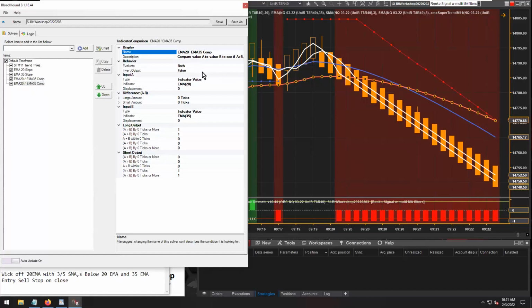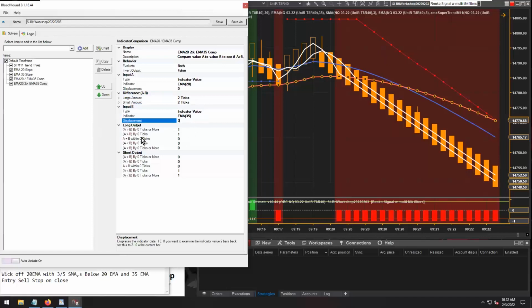And so let's say those indicators need to be separated by, I don't know, 2 ticks. So I'll just put in a 2-tick separation between them. So we want a 2-tick difference between those EMAs. So in the difference section here, I'm going to put in 2 ticks, like so.